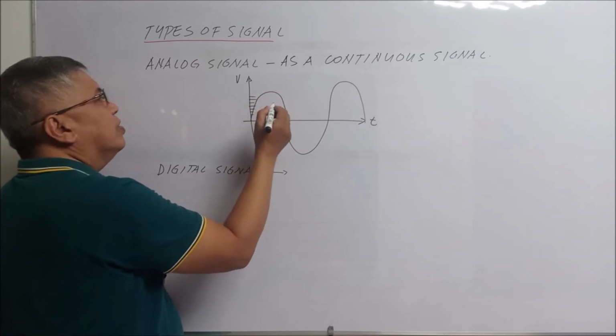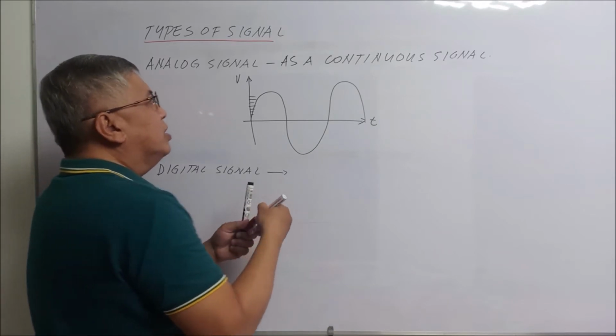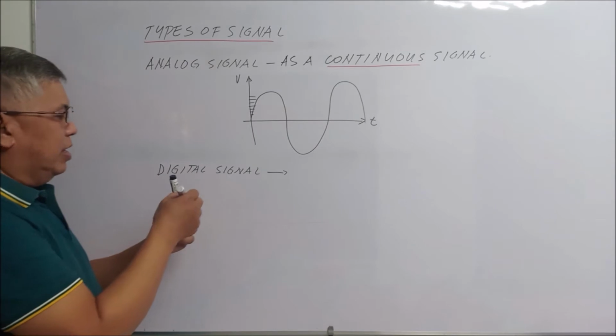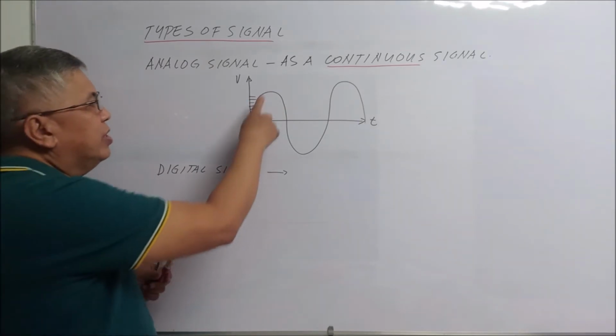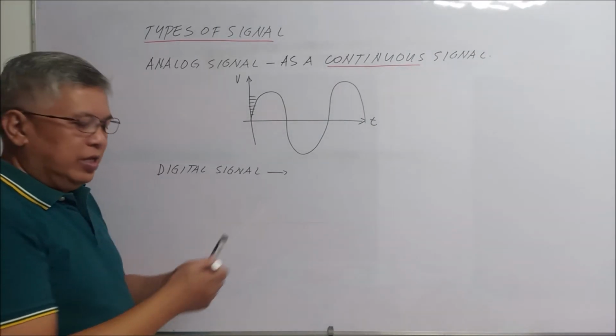That is why it is called a continuous signal. The value varies as the signal goes up or down.